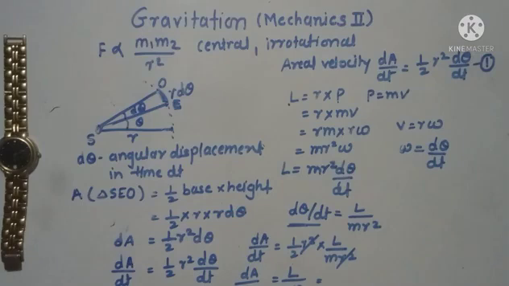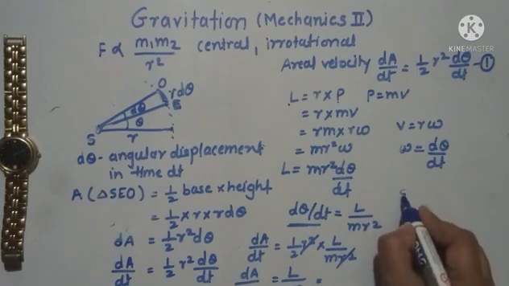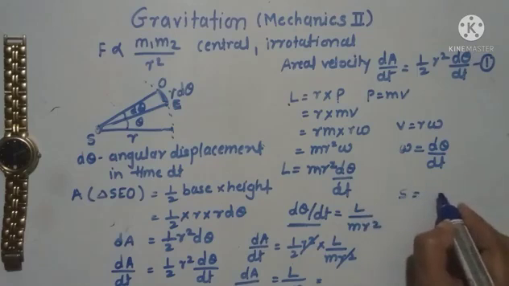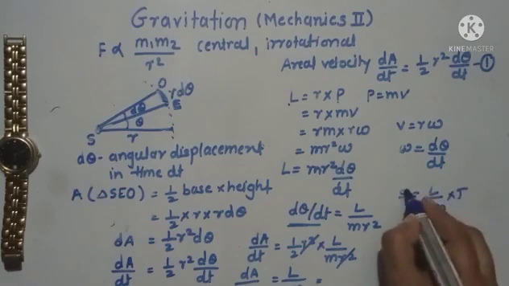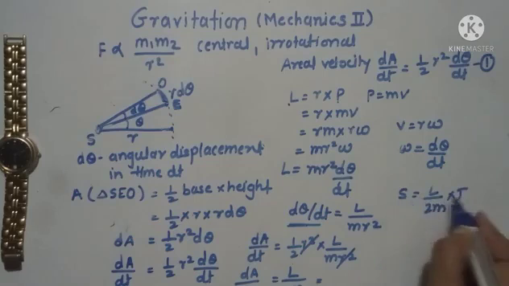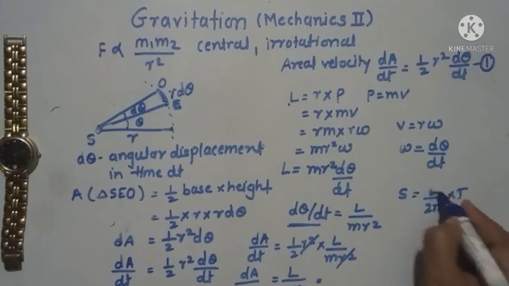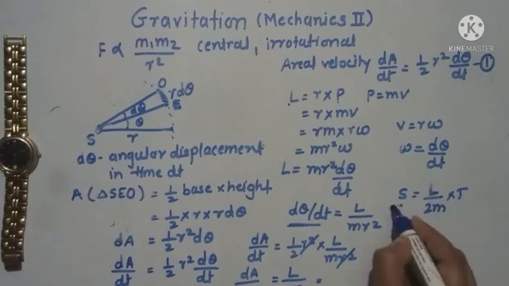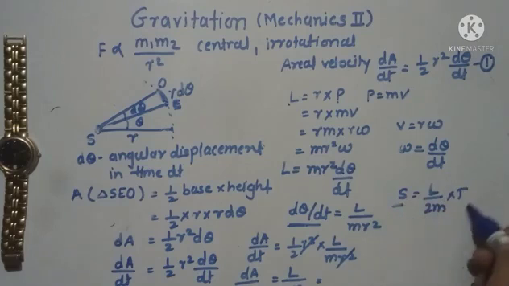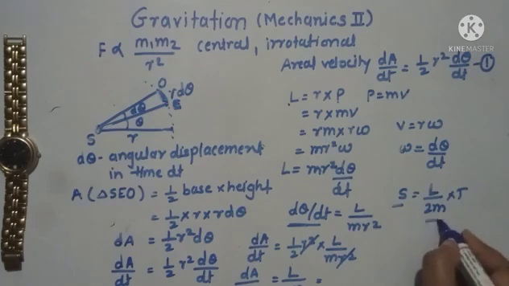Now, the distance covered in one time interval T, or in one revolution, could be given as S equal to areal velocity into the time period T, since displacement is velocity into time. So velocity is the areal velocity, which we calculated as L upon 2m, and T is the time period. So this is the area covered in one revolution with the areal velocity dA upon dt.